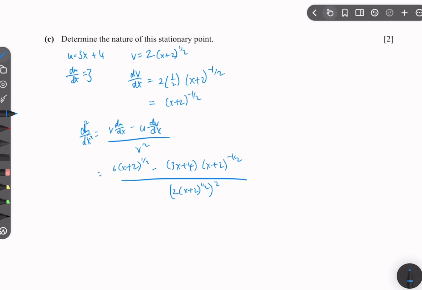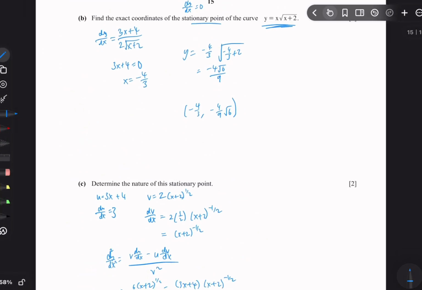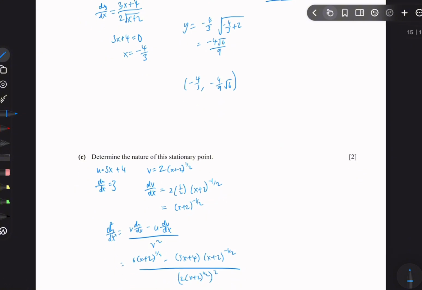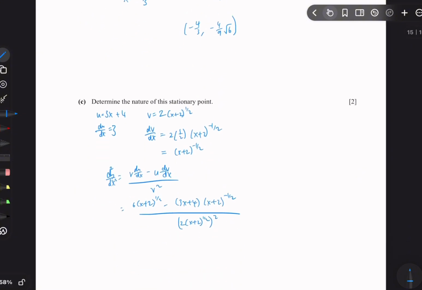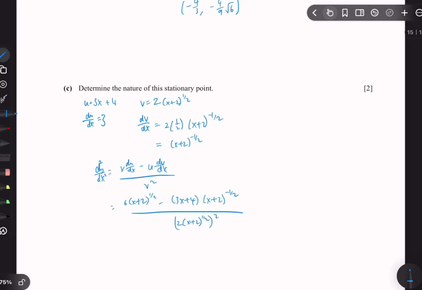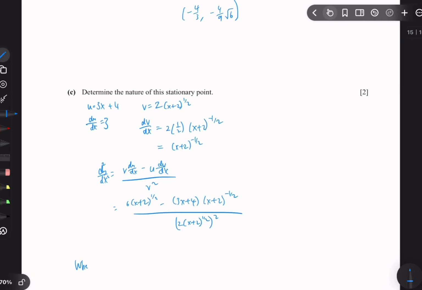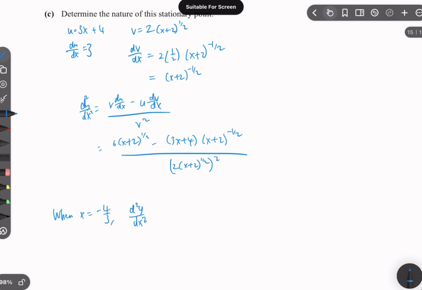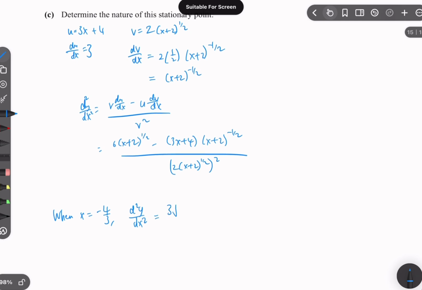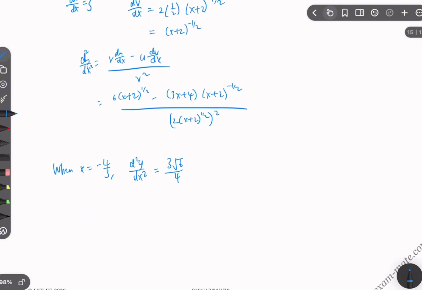And now we want to determine the nature of the stationary point that we found in B. So we just need to sub the x coordinate into this equation. So when x is equal to minus 4 over 3, d squared y over dx squared should be 3 root 6 over 4 if you just type the whole thing into the calculator.